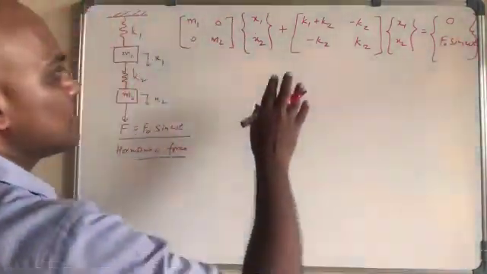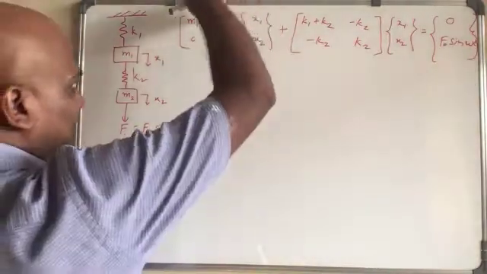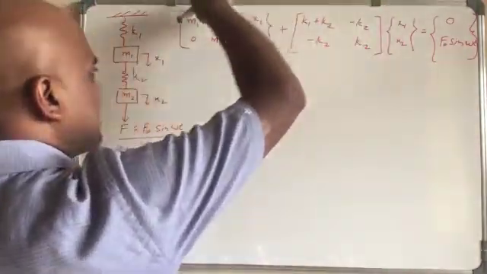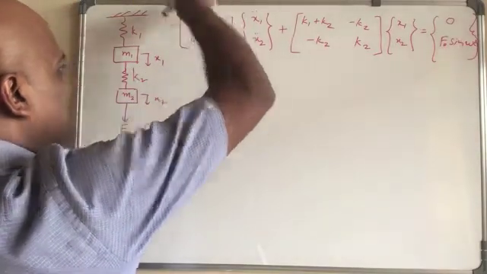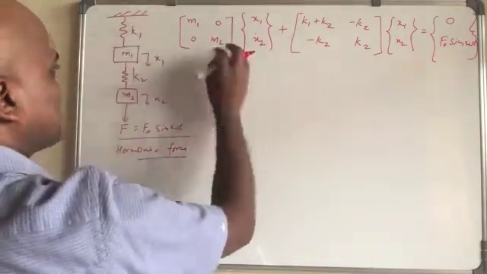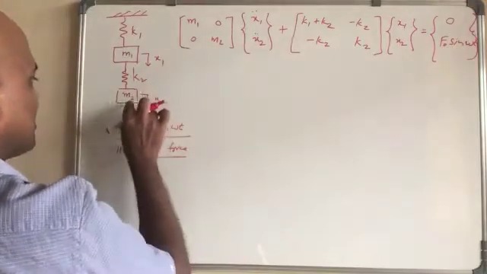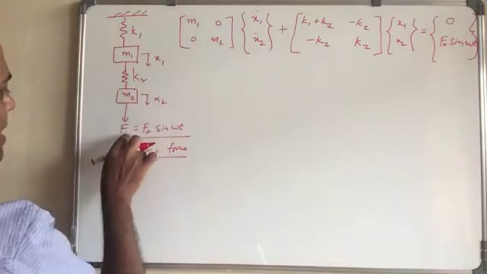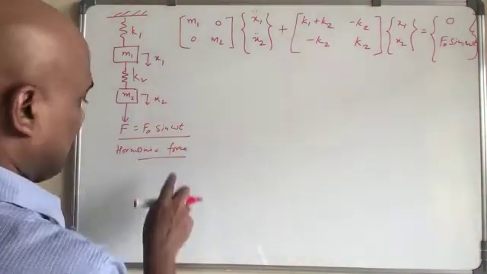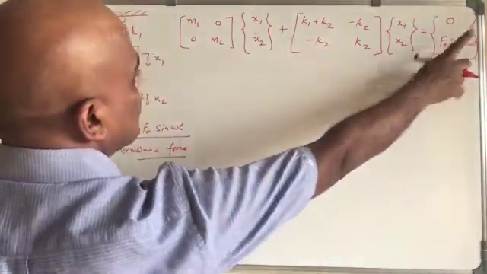The first row corresponds to the first equation regarding M1, the second row corresponds to the second one, and you can see that the second one only has the force applied, hence you have the force given here.